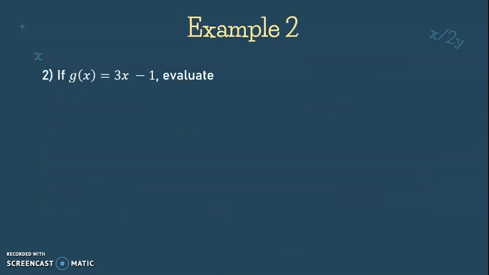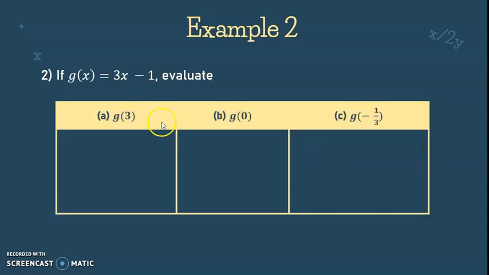So let's proceed to example 2. Okay, so for example 2, we have if g of x is equal to 3x minus 1, evaluate a, g of 3, b, g of 0, and c, g of negative 1 over 3.